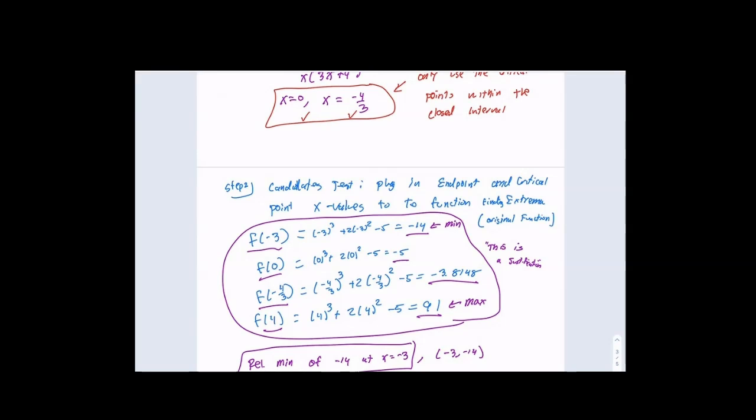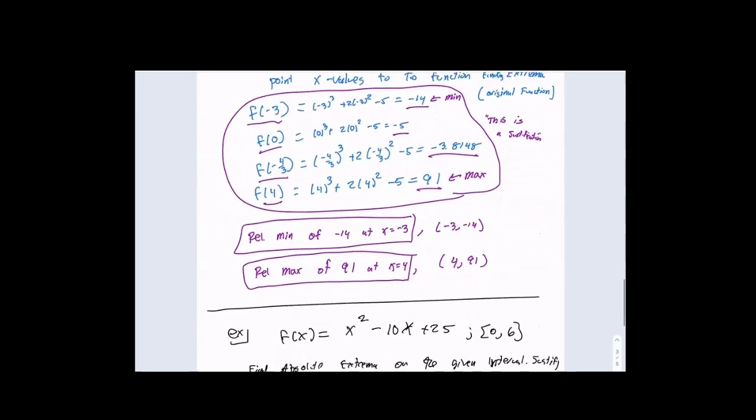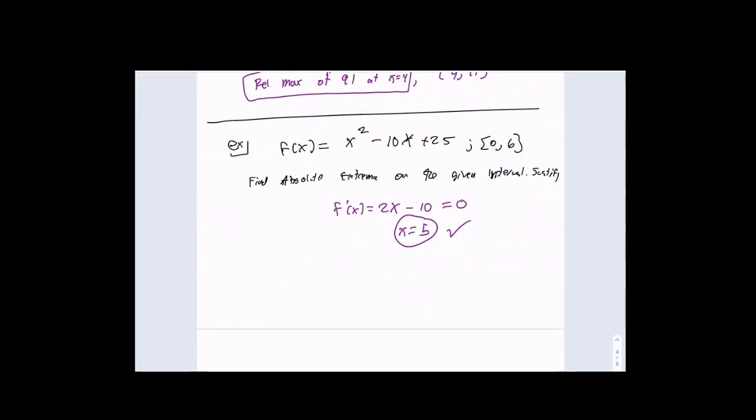It literally says step 2, people. So what do I do to see if it's a max or a min? I'm missing a letter here. It says plug in the endpoints values. There you go. Plug in the endpoints and critical points.